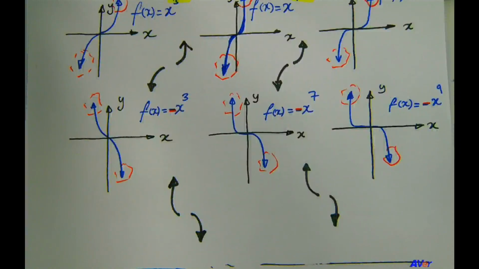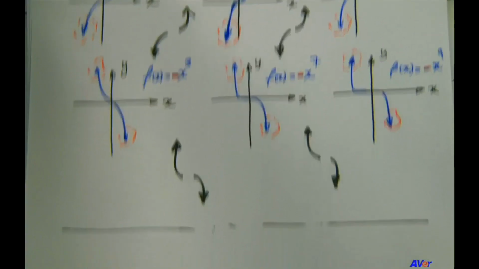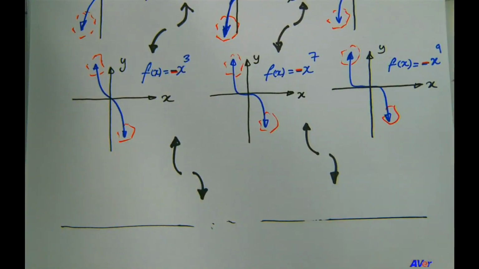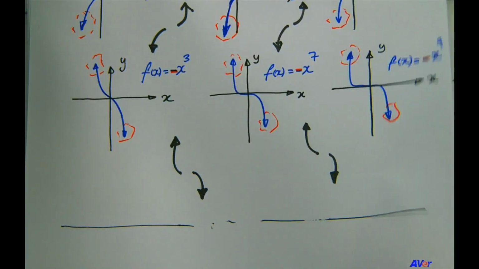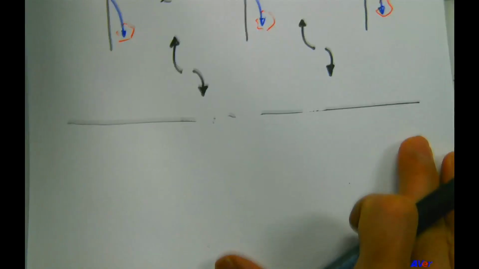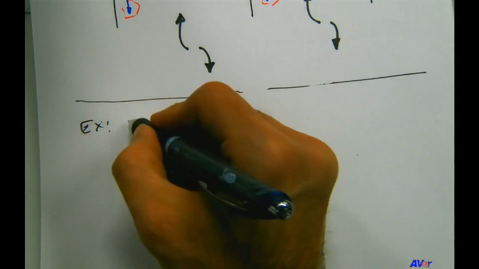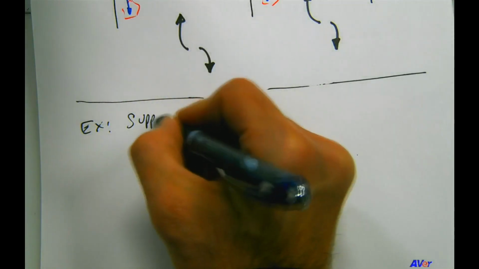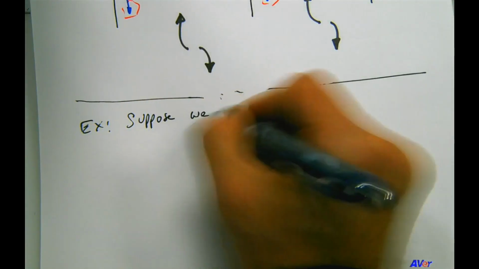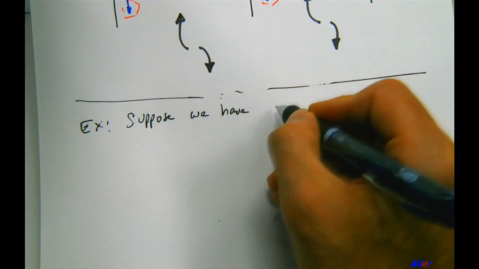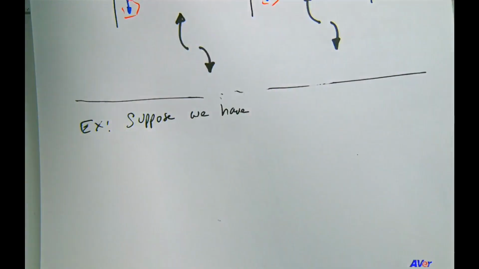All right, so let's see how this helps us predict the end behavior of a polynomial given these rules. So here's an example. Suppose we have this function, right?